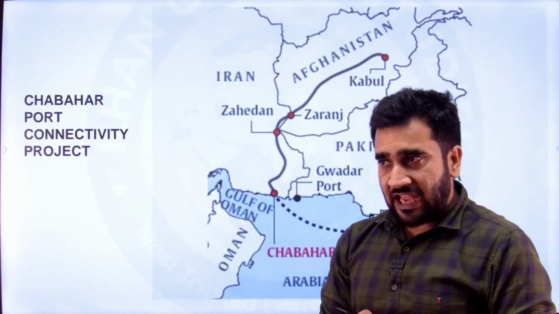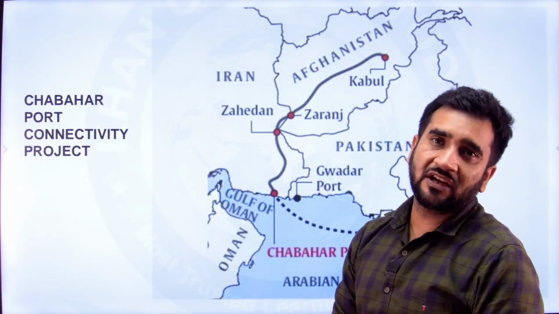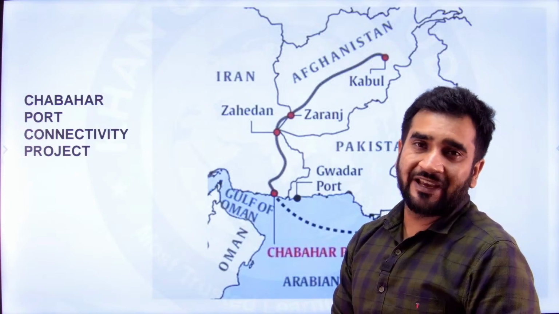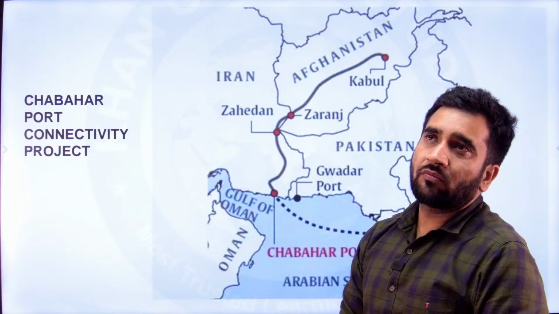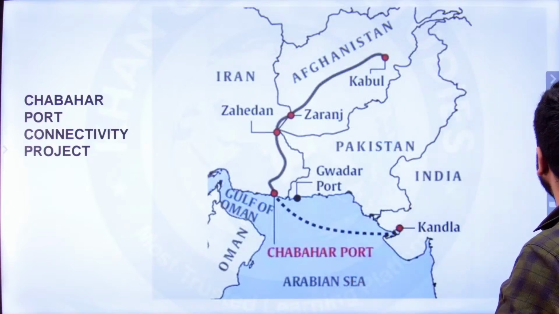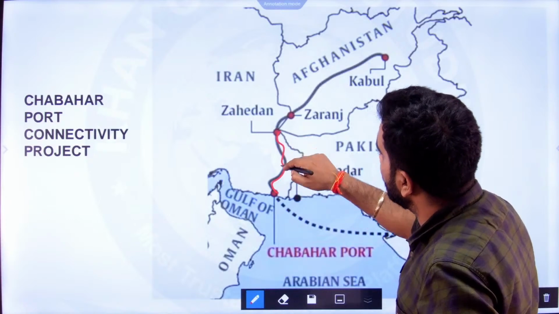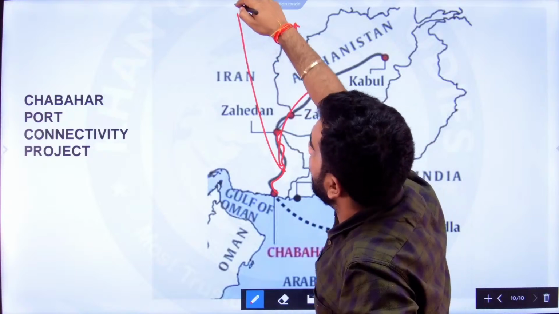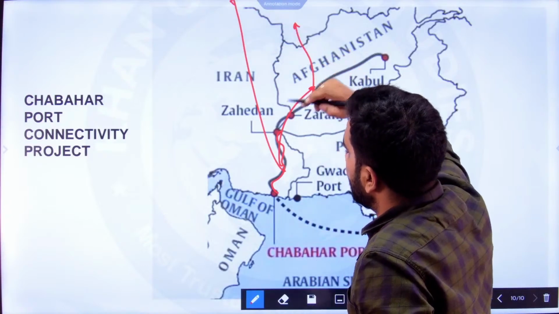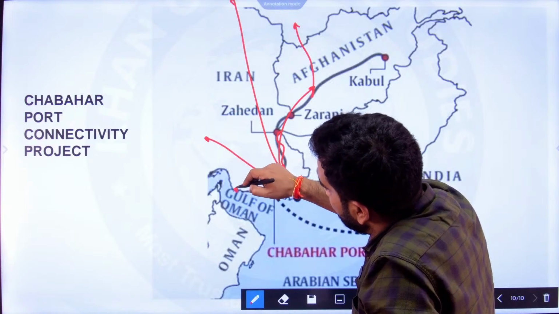Second, which has been successful also, is the Chabahar Port terminal. India has constructed one terminal, the Shahid Beheshti terminal, in the Chabahar port. And it is not only the port which has been constructed, it is basically the port and the connectivity from the port. So it is connecting us to Afghanistan, and from here to beyond. From Iran also it can take us to Central Asia. It can be connected with the INSTC, which is passing through here.